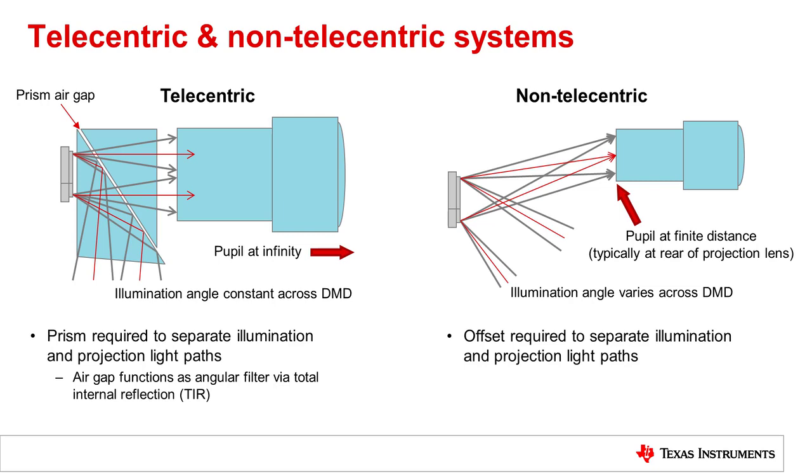Telecentric systems require a prism to separate the illumination and projection light paths. This prism structure utilizes total internal reflection at an air gap to act as an angular filter. Non-telecentric systems do not need a prism, but instead use offset to separate the illumination and projection light paths.